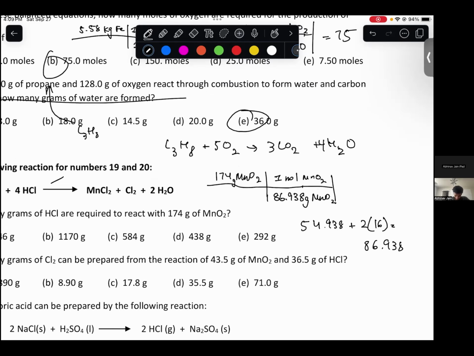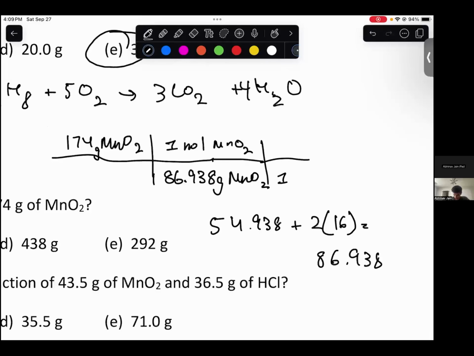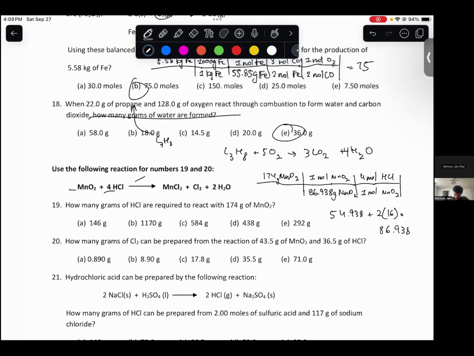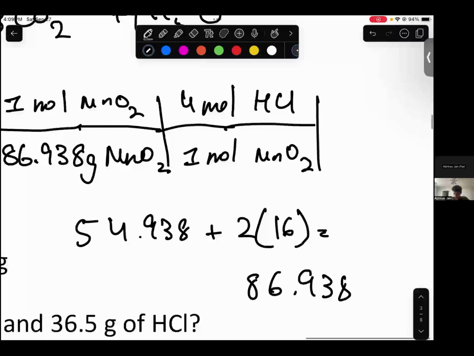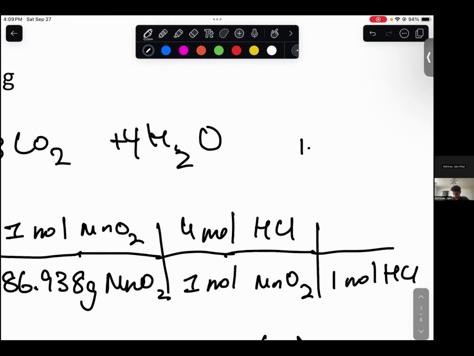And we know that for every 1 mole of MnO2, we're going to need 4 moles of HCl. And converting that to grams of HCl, for every 1 mole of HCl we just have the molar mass of HCl, so hydrogen, 1.01, plus 35.45 for the chlorine.